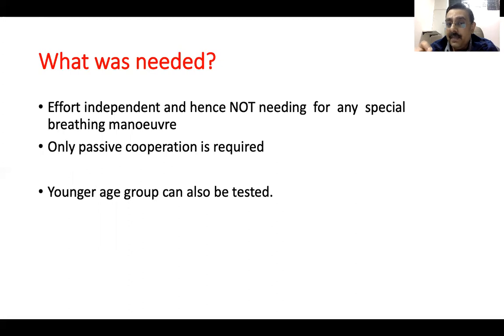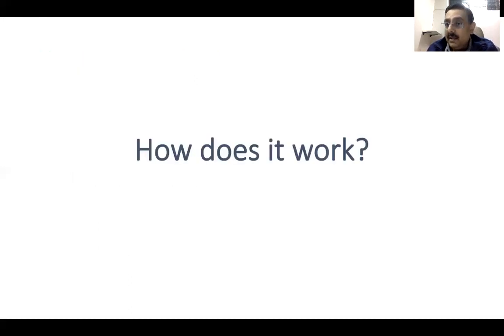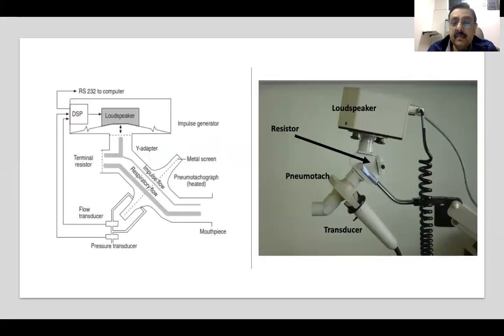It just requires a passive cooperation, and hence you can test younger age group, and you can also test those older age group who are not able to perform a spirometry. So is that possible? Well, that's possible, and that brings me to the current topic of impulse oscillometry in children.